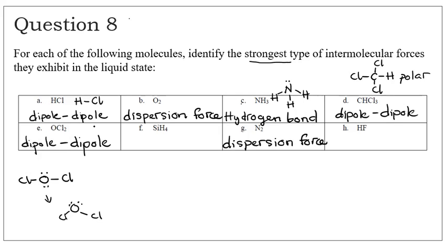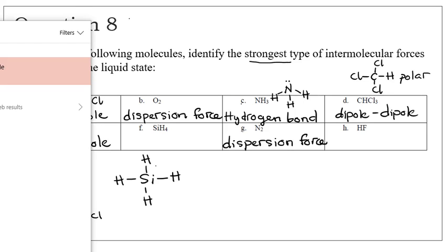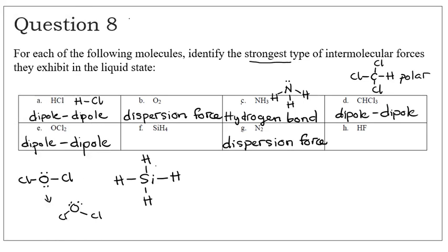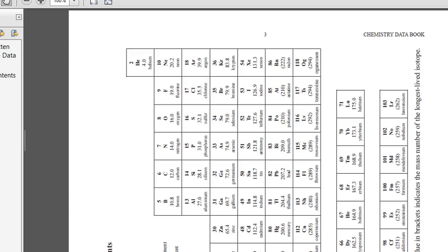Okay. SiH4, once again, you have a difference in electronegativity. You will have a difference in electronegativity every time you have two different types of elements. But silicon, I think, will look something like this. Now, I'm going to confess I don't remember where silicon is, so I'm going to look it up. I have an inkling, but let's just see whether my inkling is right.